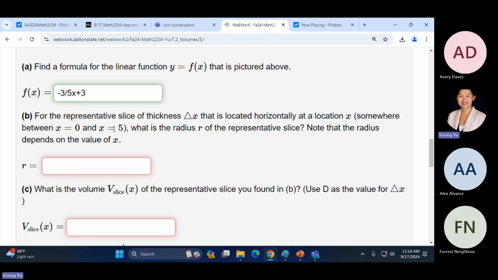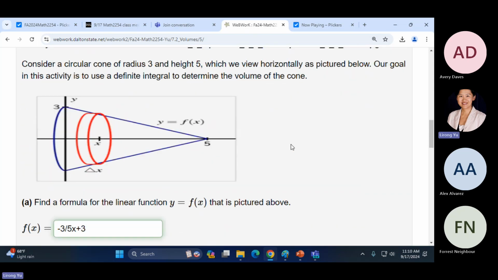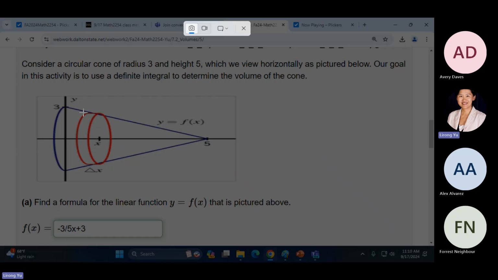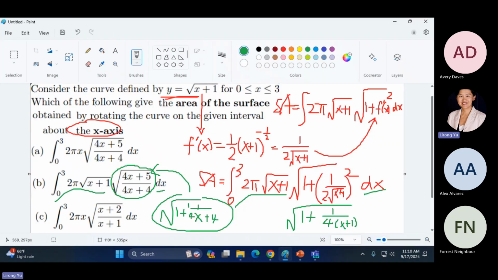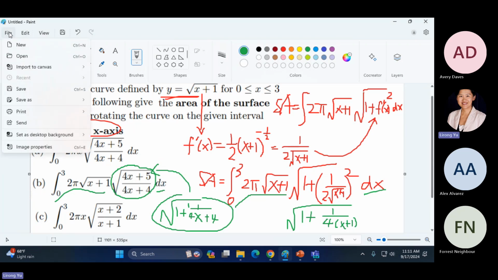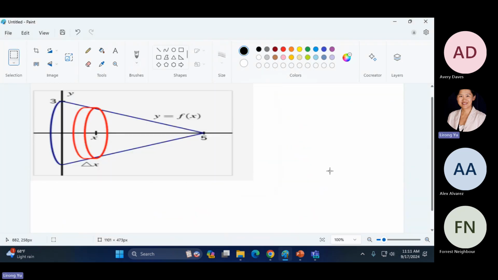Find the radius R of the representative slice, right? You can use this picture very much. The slices are already pictured right there. This question is really analyzing the disk method for the volume calculation. That red piece is our slice, the pictured one.